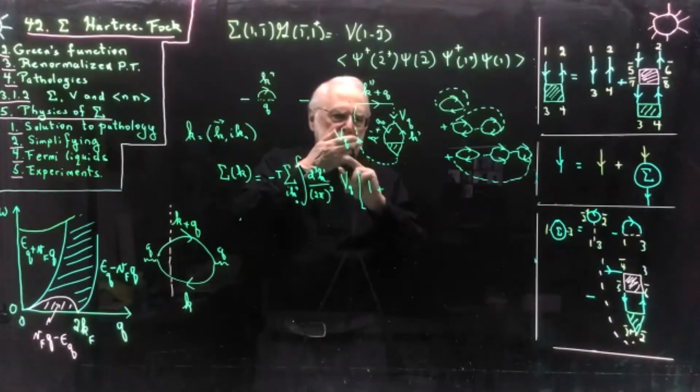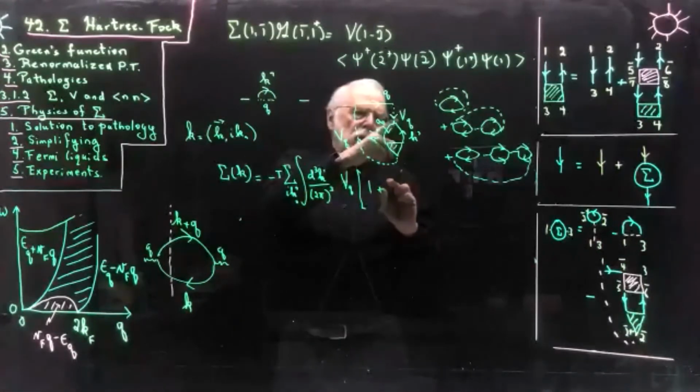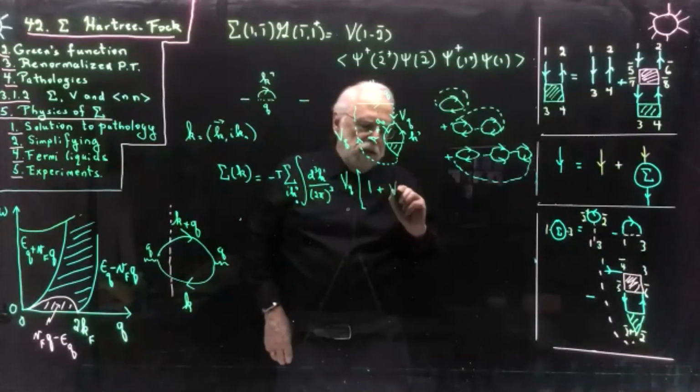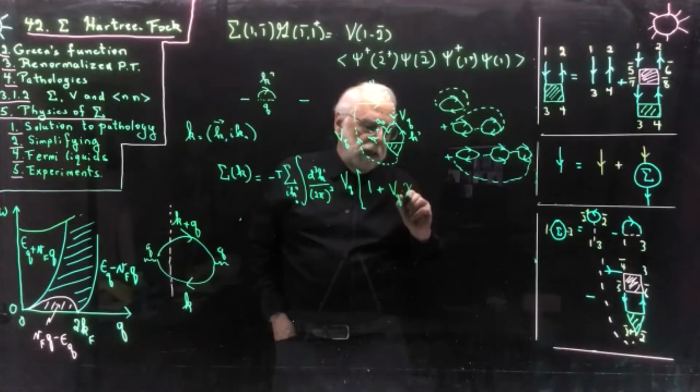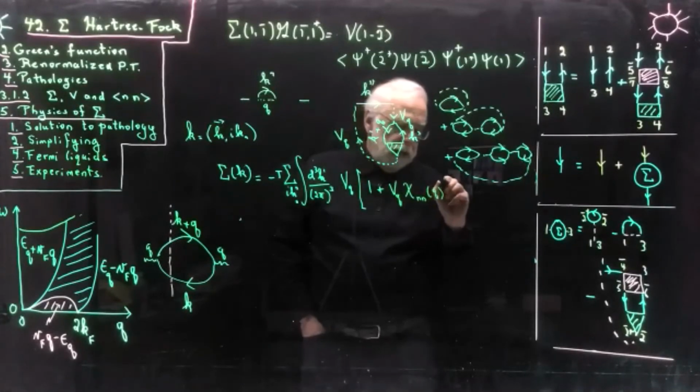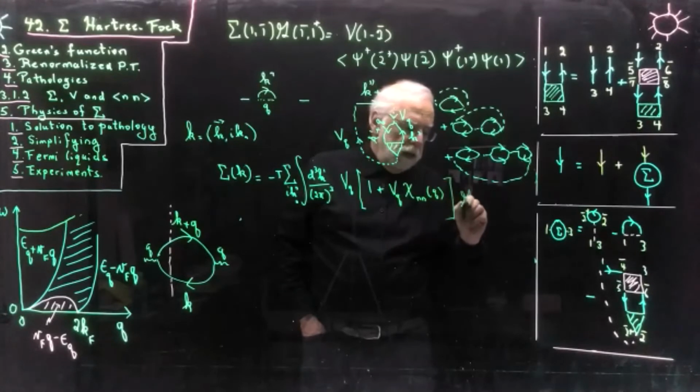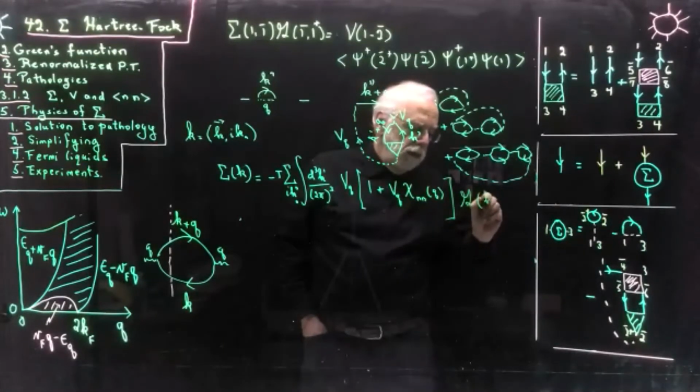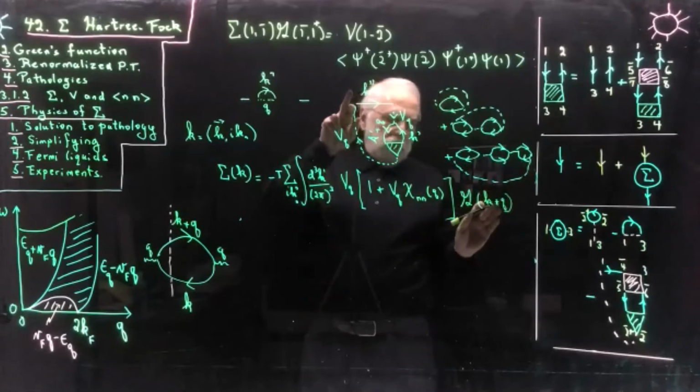One of the V of Q's there. So now I have a V of Q times chi N of Q, and I have G of K plus Q, okay?